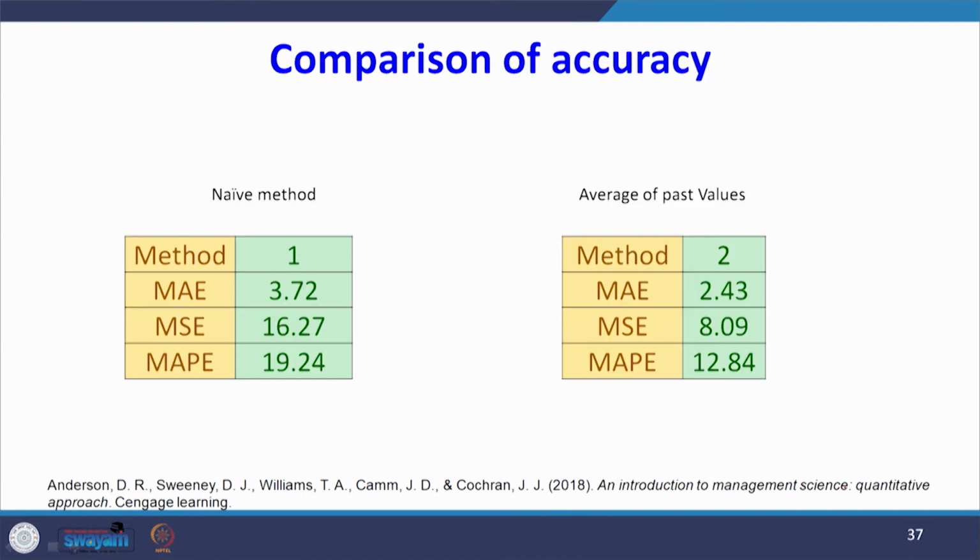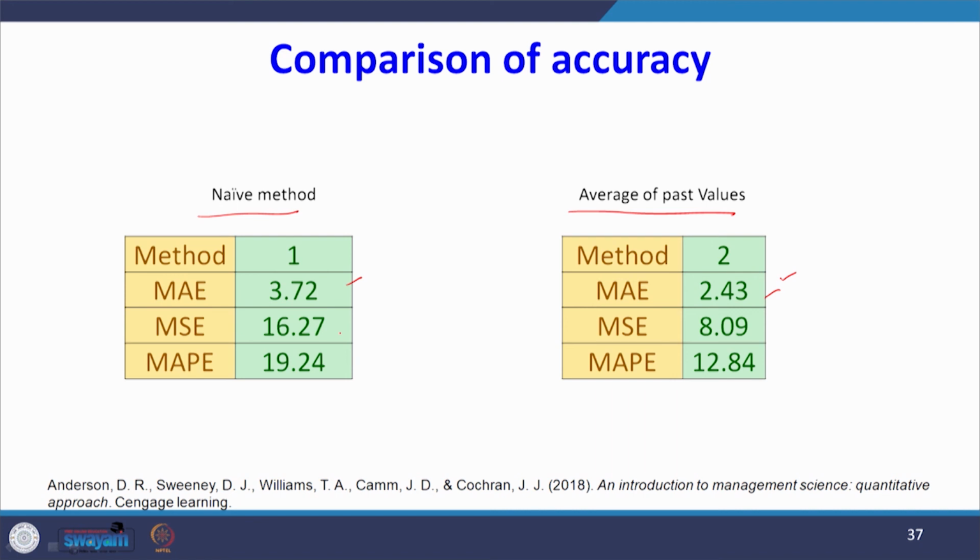Now, we have to compare which method is most accurate. The first method we used naive one, the second forecasting method which we used average of past values. Look at the different measures of forecast accuracy. When you compare mean absolute error, this is 3.72, this is only 2.43. So, this is better.